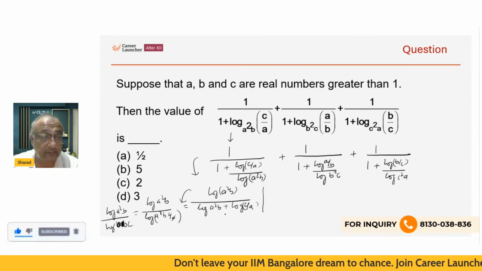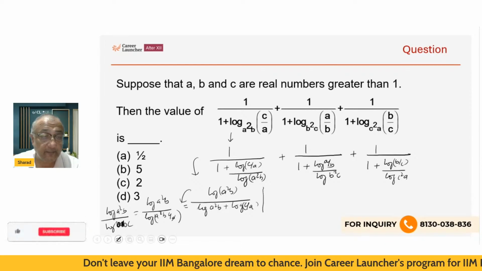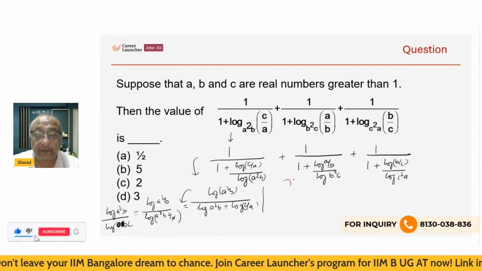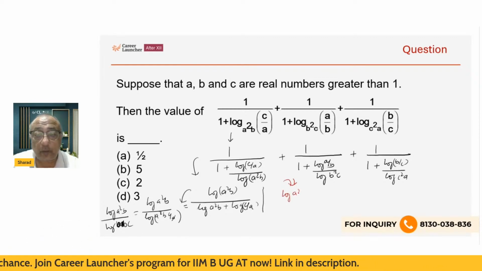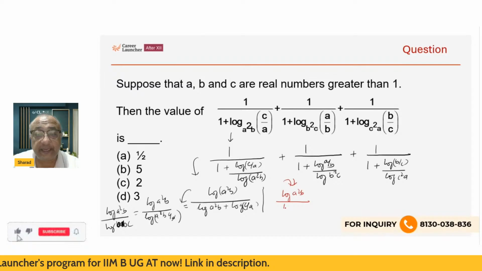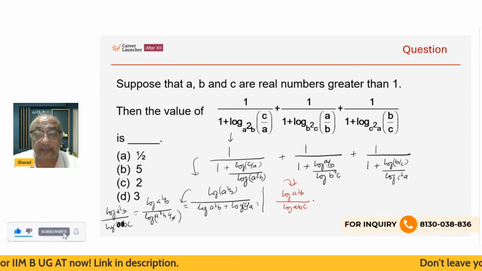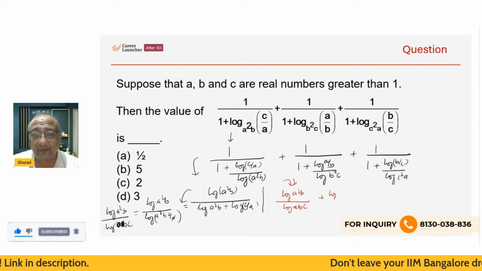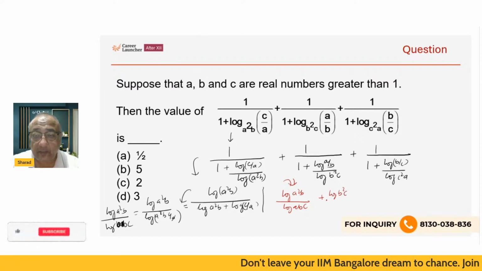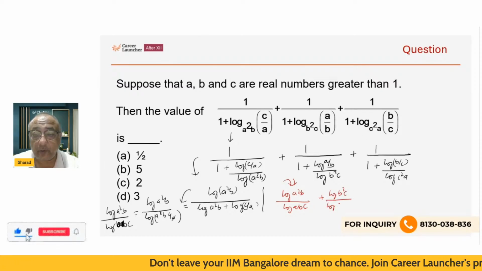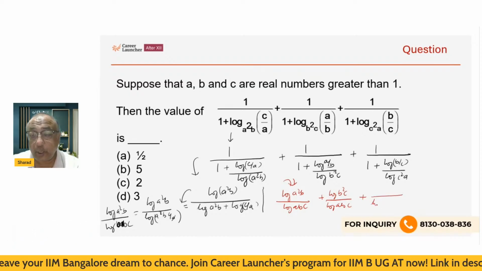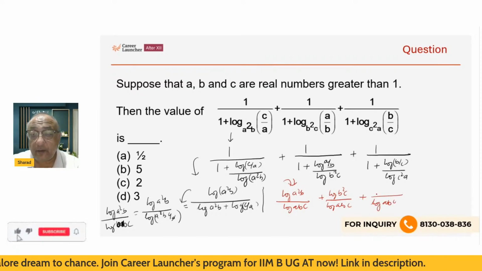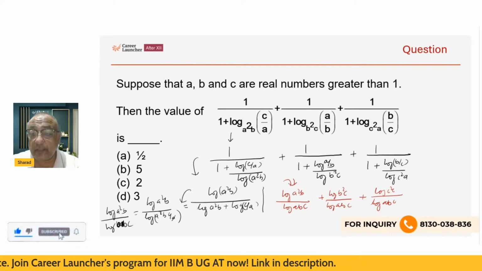So now let us change the color and write the final term. I'll have from here log a square b upon नीचे log abc. ये तो अभी कर लिया है. इसमें क्या आएगा? A little bit of common sense. Log b square c upon log abc. This will also come as the same log abc, and upstairs log c square a. Wow. Why wow?